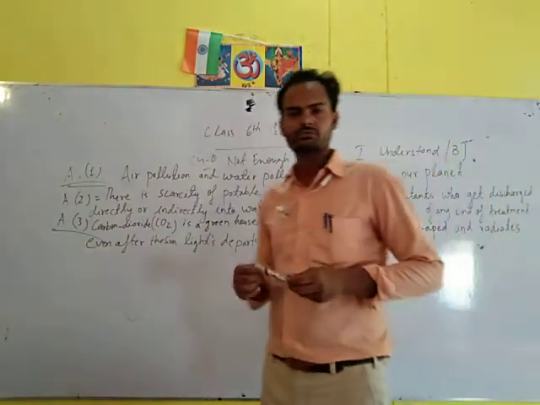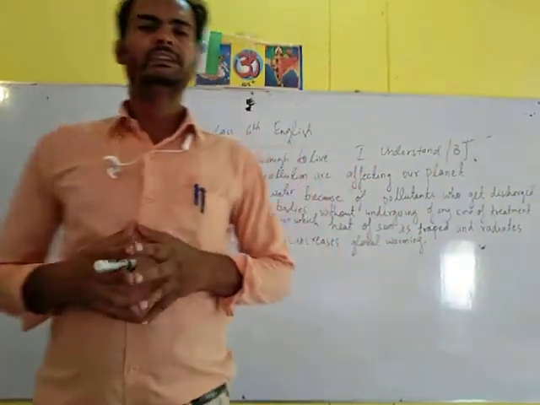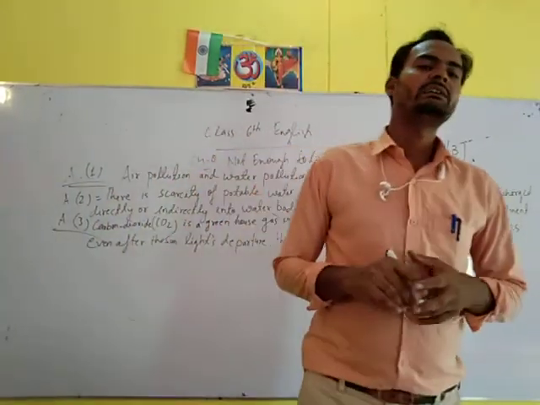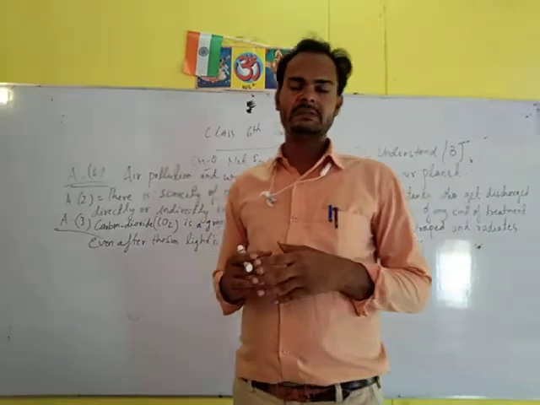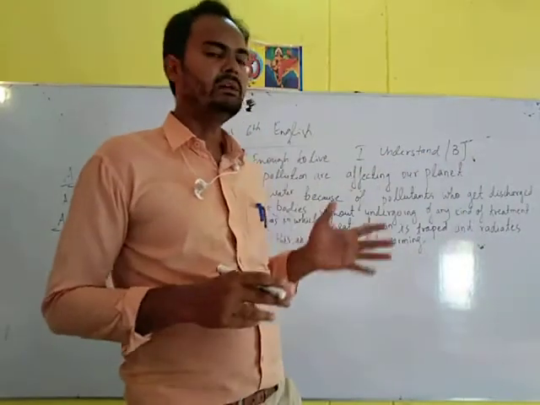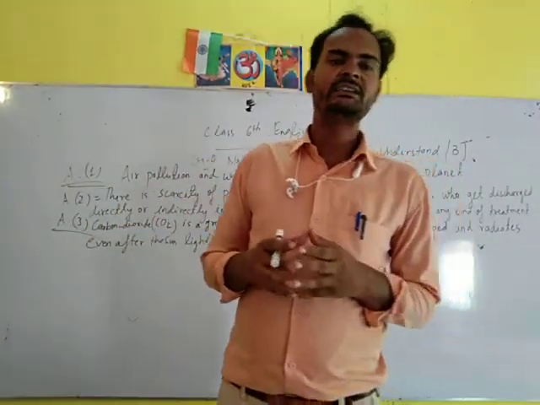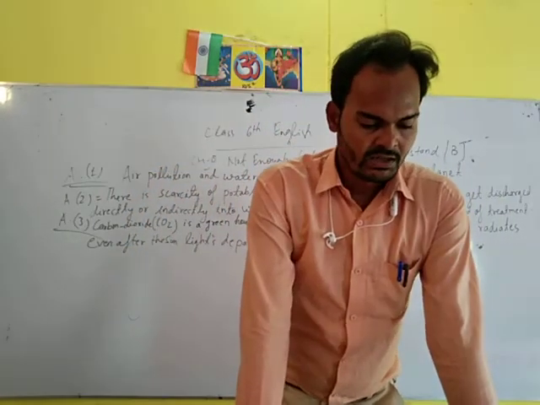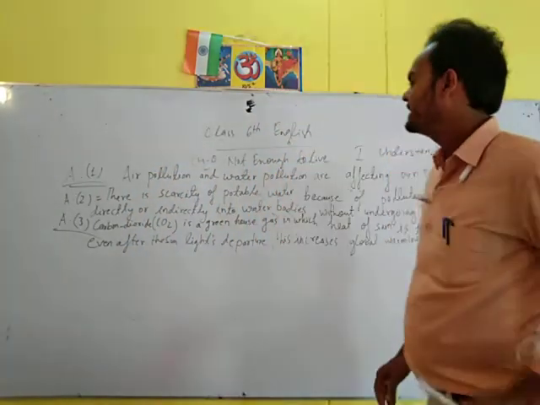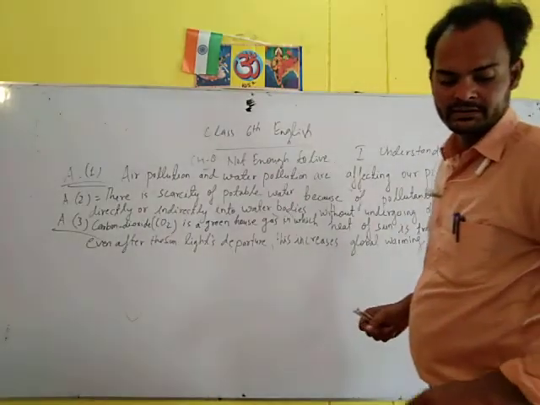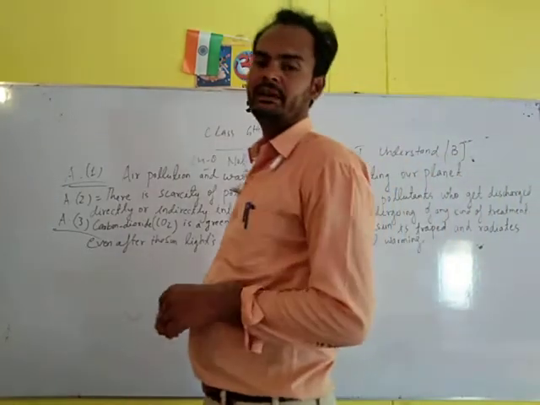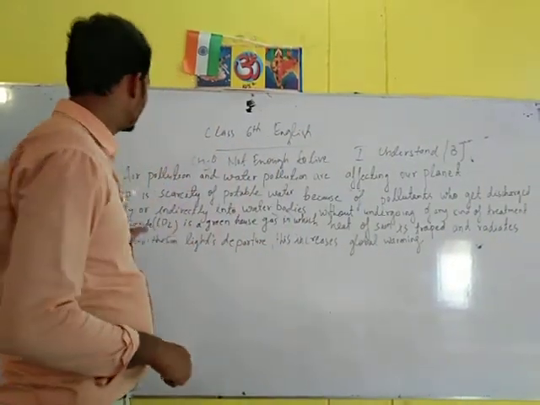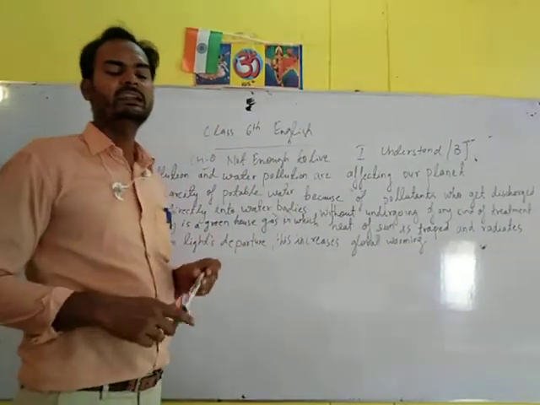So students, carbon dioxide gas traps sunlight heat and radiates it after the sun's departure, and this warmth increases global warming. Okay students, we concluded up to question number 3, how carbon dioxide contributes to global warming, and we explained the contribution of carbon dioxide in global warming.